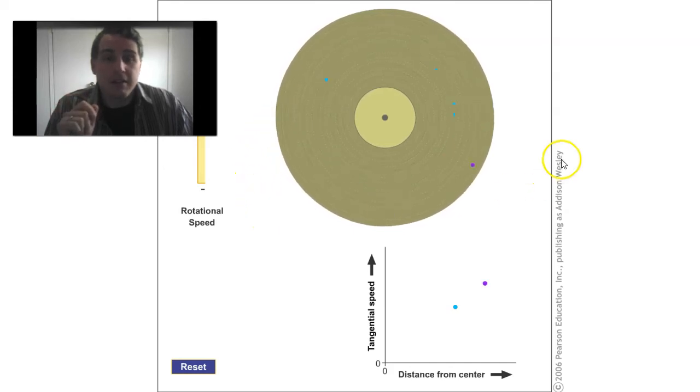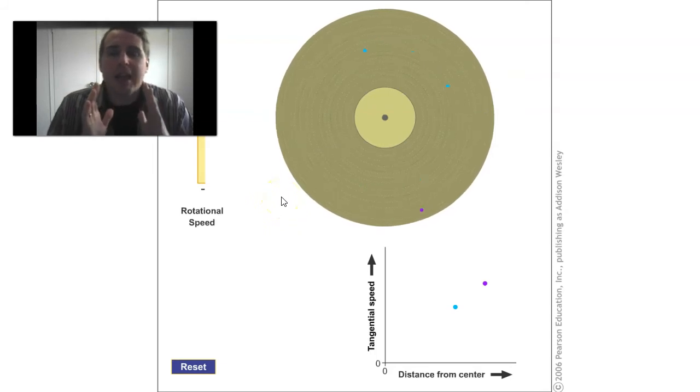Look at that. Now we have a purple dot. It has the same angular velocity as the other two dots. I think it has the same period. It takes the same amount of time to make one full rotation. So its angular velocity, sweeping out radians per each second, is the same as the other two. But clearly, it's moving faster.